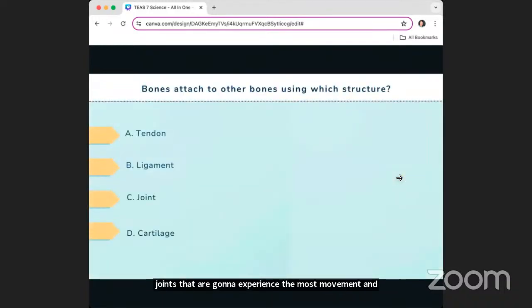All right, let's check your understanding for a moment. Bones attach to other bones using which structure? Give yourself 1 minute to respond.